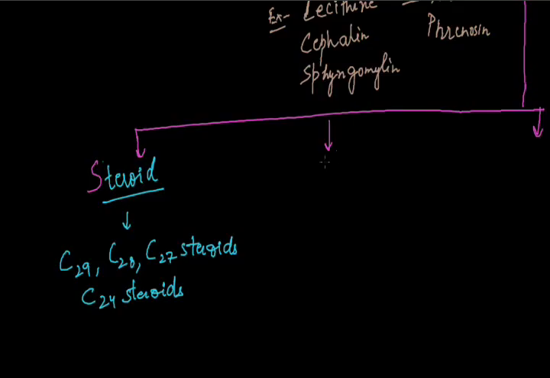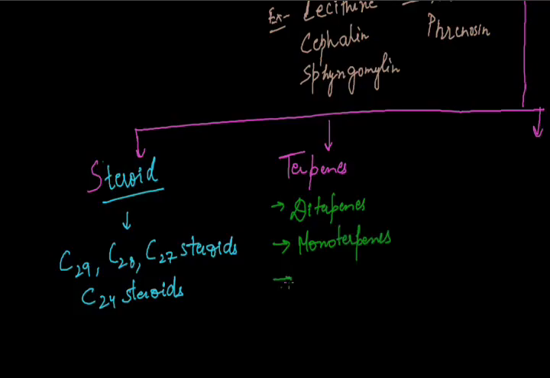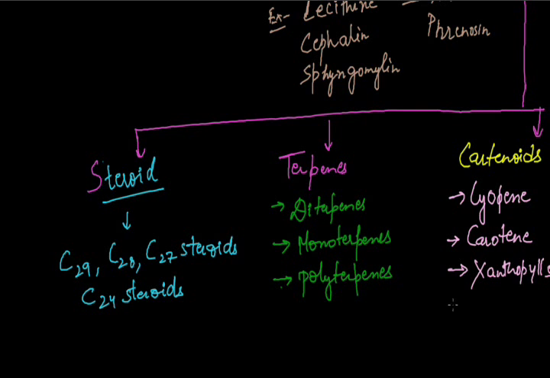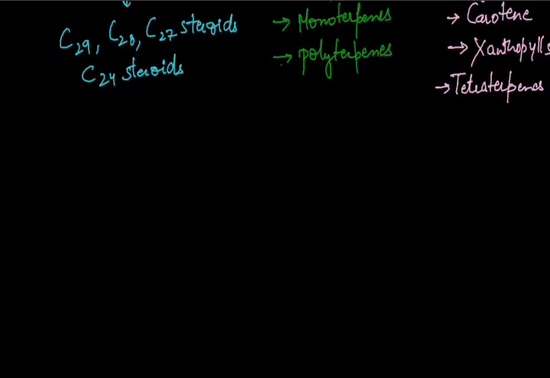Next is terpenes. Terpenes include diterpenes, monoterpenes, and polyterpenes. Last is carotenoid. Carotenoid includes pigments like lycopene, carotene, xanthophyll, and tetraterpenes. So this is further classification of lipids.